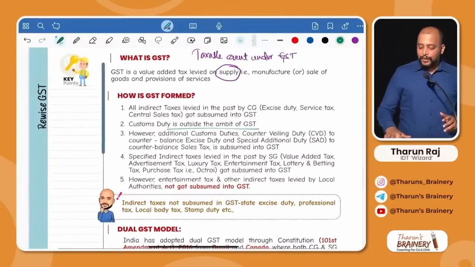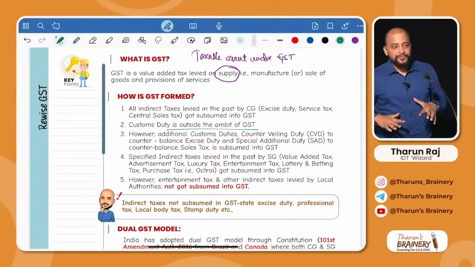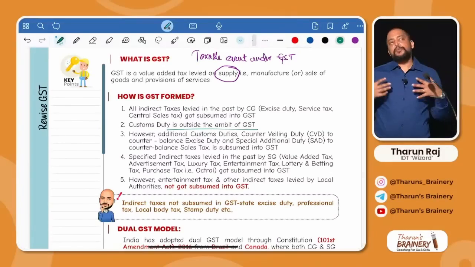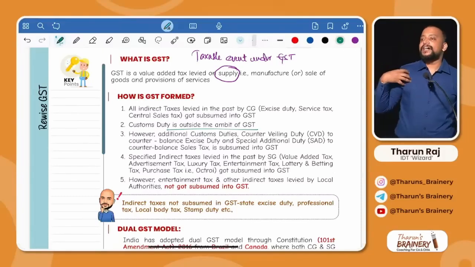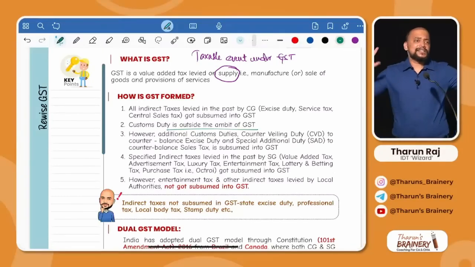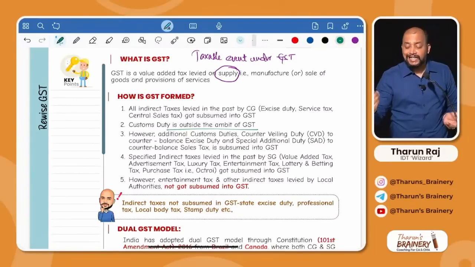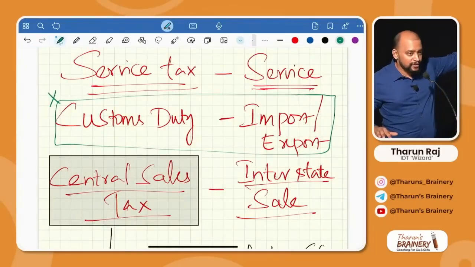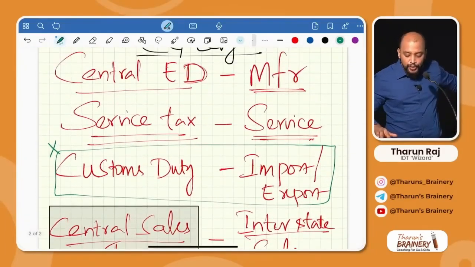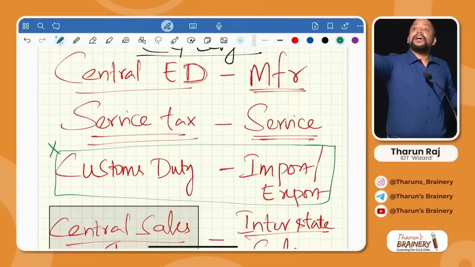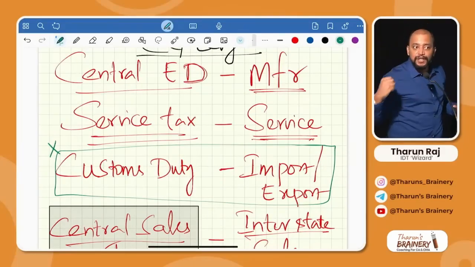I am a person who is importing a smartphone. You are locally purchasing the smartphone. When I am importing the smartphone, what are the burdens that I have? Only customs duty. Just now I told you the various indirect taxes we had, these four. So whenever I am importing, I have only the customs duty burden. When you are locally purchasing, what burden will you have?